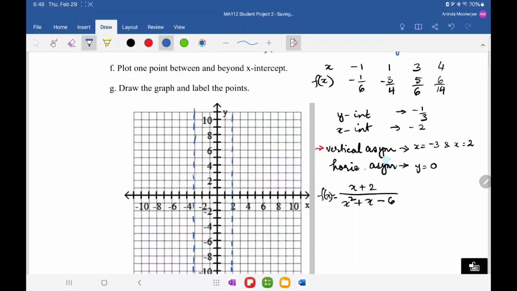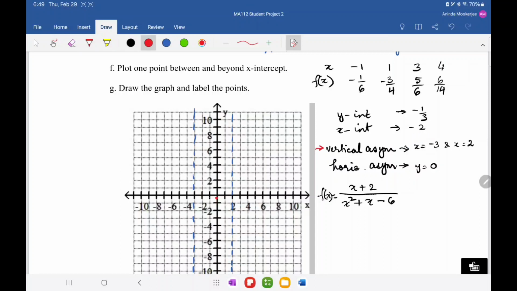The y-intercept is at -1/3. So at the y-intercept, the x value is going to be 0. So it's going to be a value between 0 and -1. So I'm going to mark the point right here. Okay, somewhere here. And then the x-intercept is at -2.